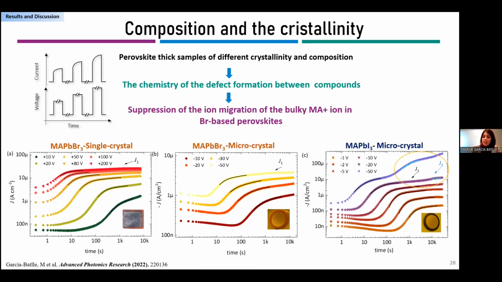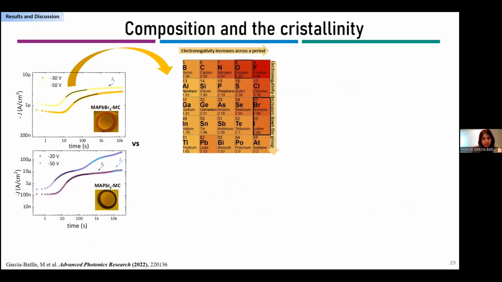So we started checking the literature, and we observed that yes, in the case of bromide-based perovskite, it sometimes happens that we can observe the suppression of this bulky cation. And if we look at the periodic table, we can see that the electronegativity decreases down the group.